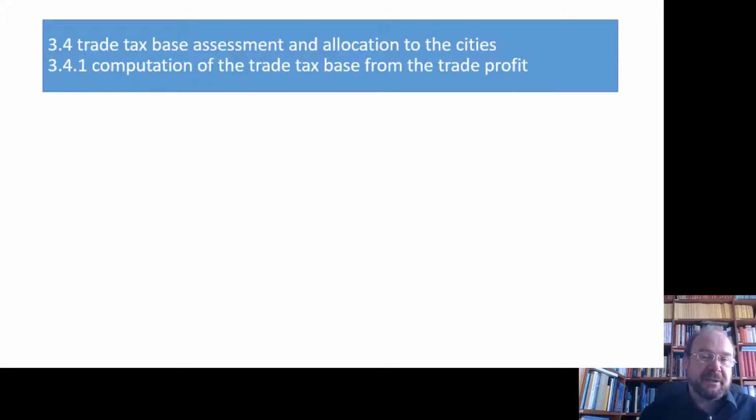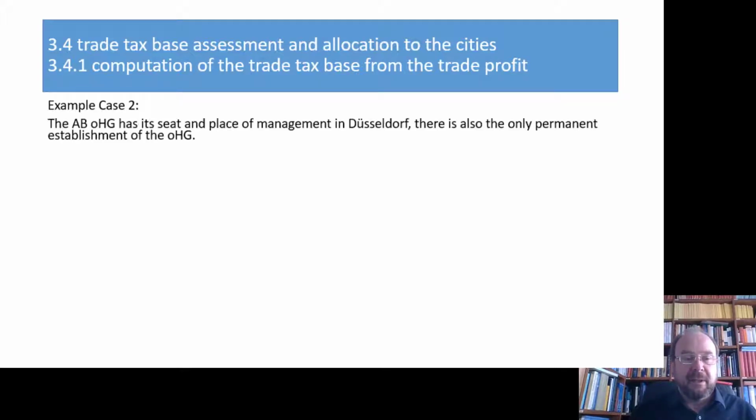Okay, and as you might expect from your experience in former cases, here we have example case 2. The AB OHG has its seat and place of management in Düsseldorf, where there is also the only permanent establishment of the OHG. The income from business is 753,242.